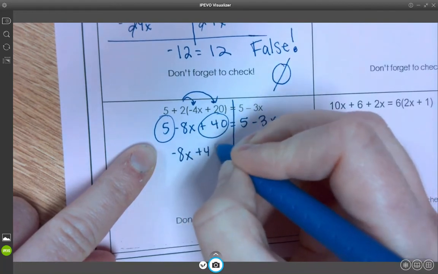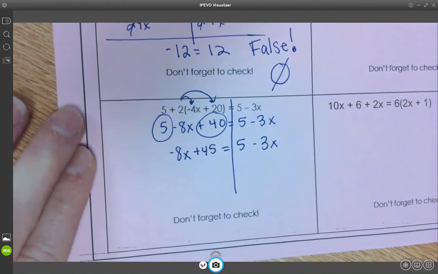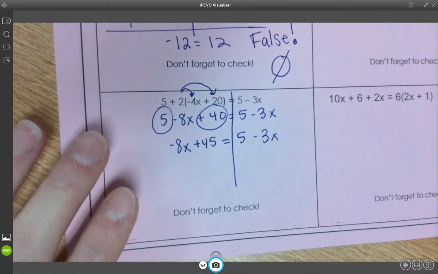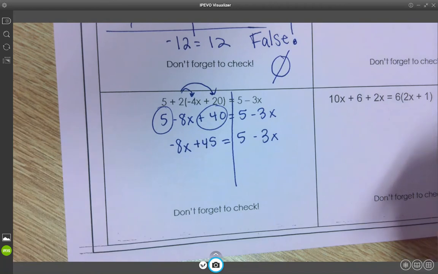And remember how I said move the smaller one? What are we going to move? The smaller one is the negative 8.